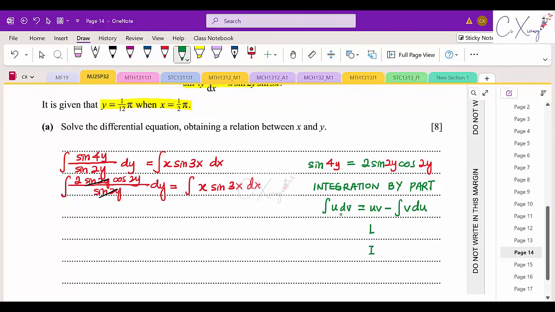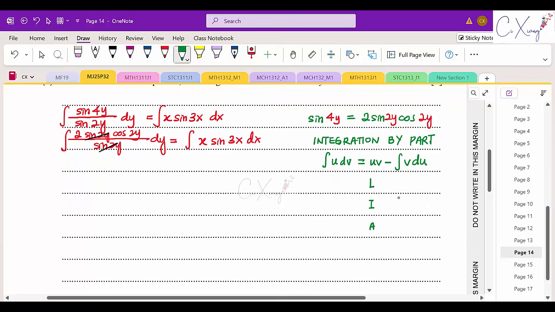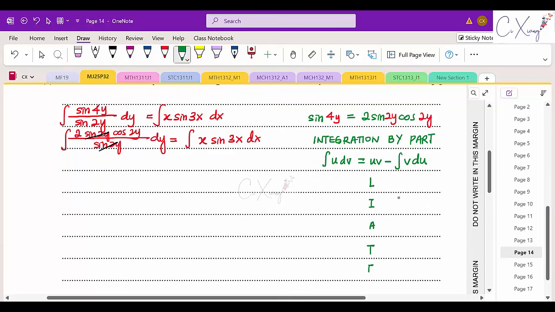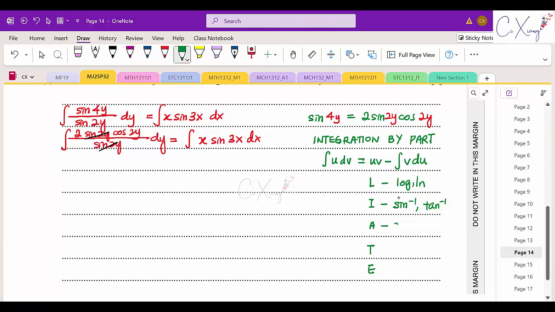It is actually LIATE. L means all the log and ln functions. I means the inverse trigo, such as tangent inverse or sine inverse. A is algebra like x, x squared, or maybe the number 3 and so on.